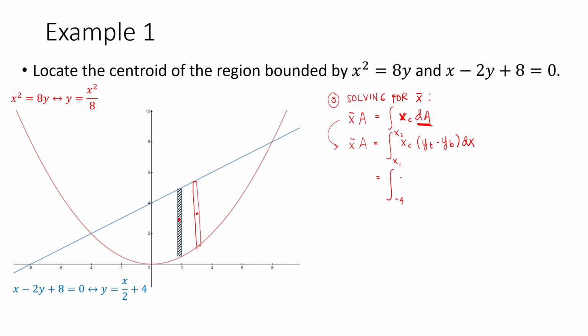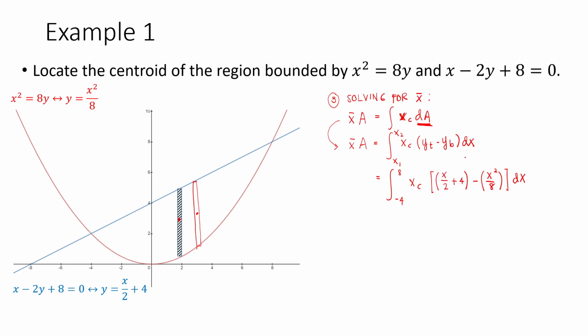So from -4 to 8, then x sub c, and again, y top is x over 2 plus 4 minus x squared over 8 dx.